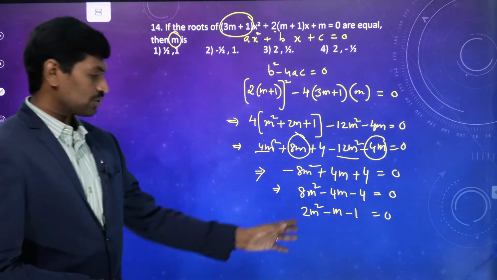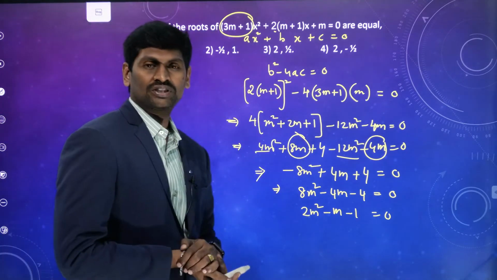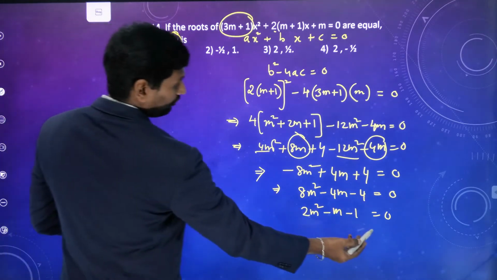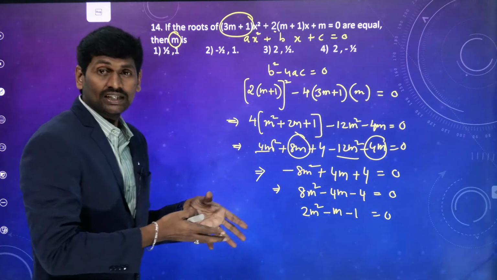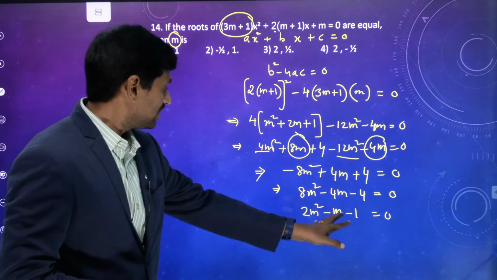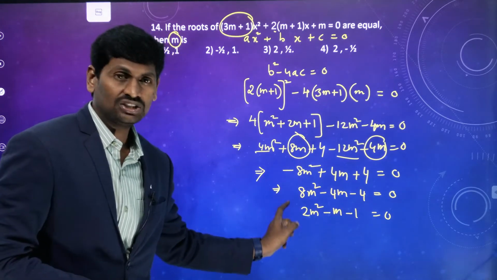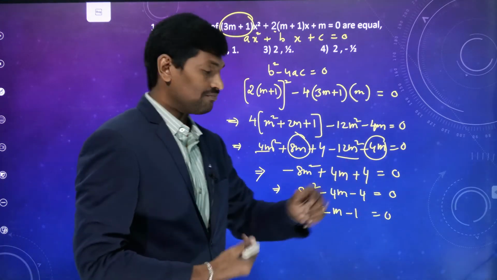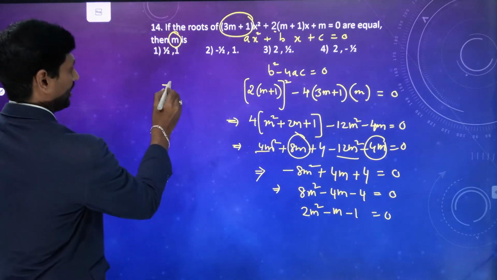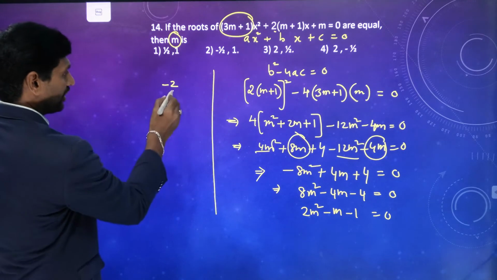Splitting the middle term, because it is a quadratic equation, we can split the values, then we will get the answers of m. So how to split? First we should check the m square coefficient and constant term. What is the m square coefficient here? 2. Constant term -1. So 2 into -1 is -2. Now write the factors.